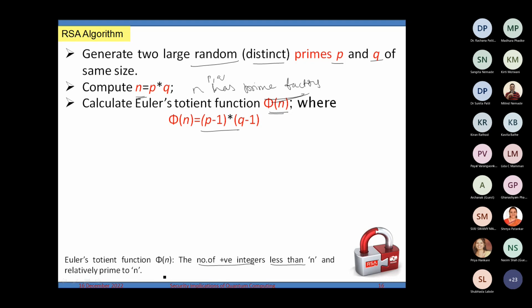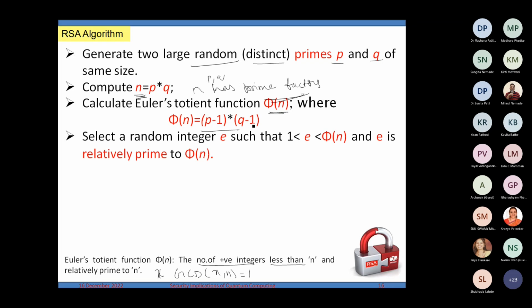What do you mean by relatively prime to n? Imagine there is a number x. If it is relatively prime to n, that means GCD of x comma n is 1. So we calculate Euler's totient value over n by performing p minus 1 into q minus 1. That is the third step of RSA.